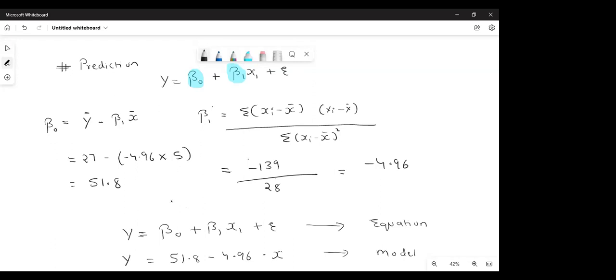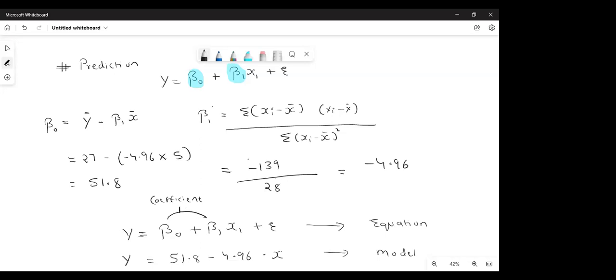Okay. So guys, when we write the equation y is equal to beta naught plus beta 1 x, it is called the equation of linear regression. Intercept and slope. Beta naught is called the intercept. Beta 1 is called the slope. So guys, both of these are nothing but coefficients. They are the equation of which one? Linear.